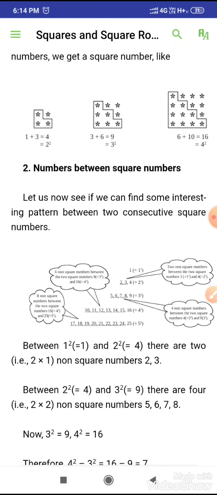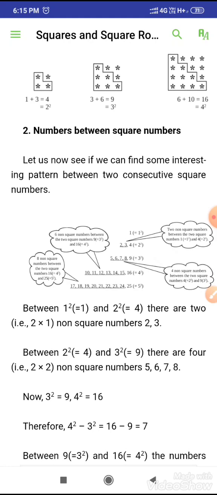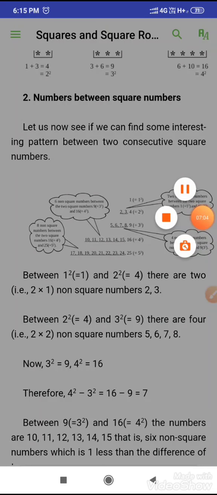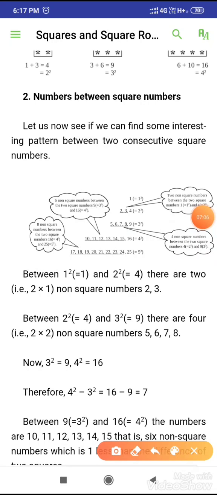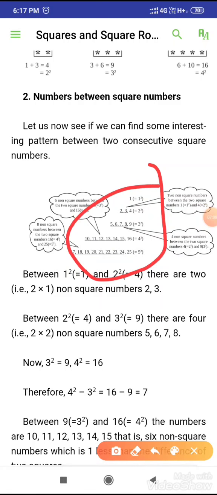Our second topic is numbers between square numbers. Now look at this pattern carefully. Between 1 square and 2 square, there are two non-square numbers, 2 and 3.